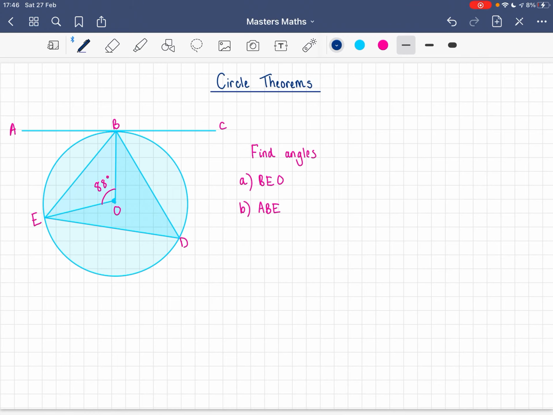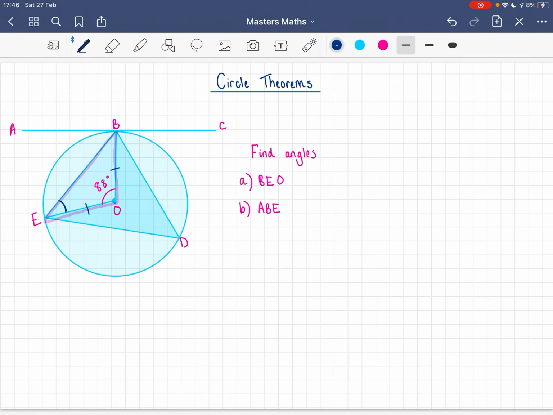So the first one is angle BEO, which is this angle here. What we're going to use is the very last one that we went through in the first circle theorem video, that the two radii form an isosceles triangle. So this triangle here is actually an isosceles triangle because these two lines are both radius.